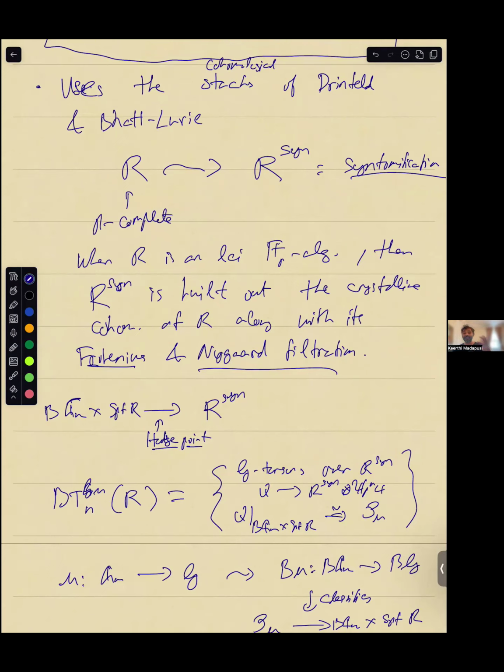For example, when you want to talk about polarizations, what does it mean for a p-divisible group to have a symplectic structure? You can use the dual p-divisible group, but when you restrict to p equals 2, there are some complications to that definition.